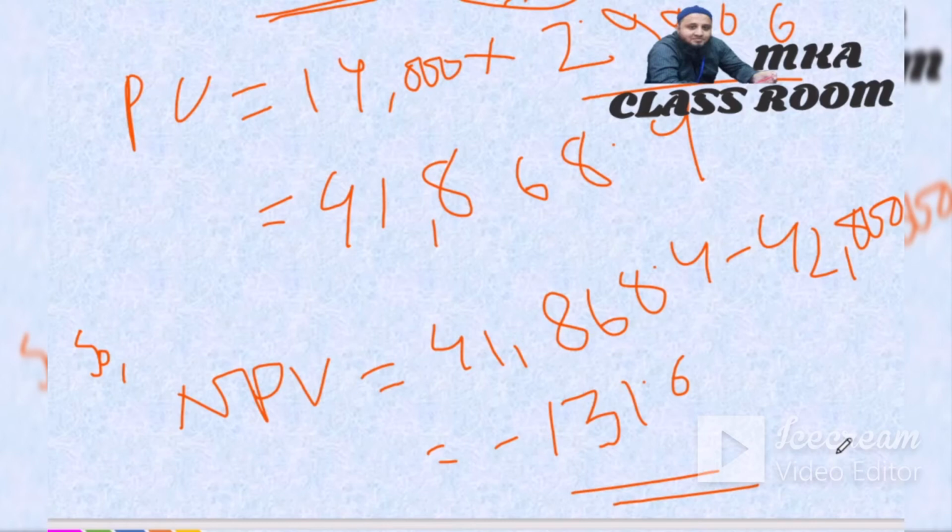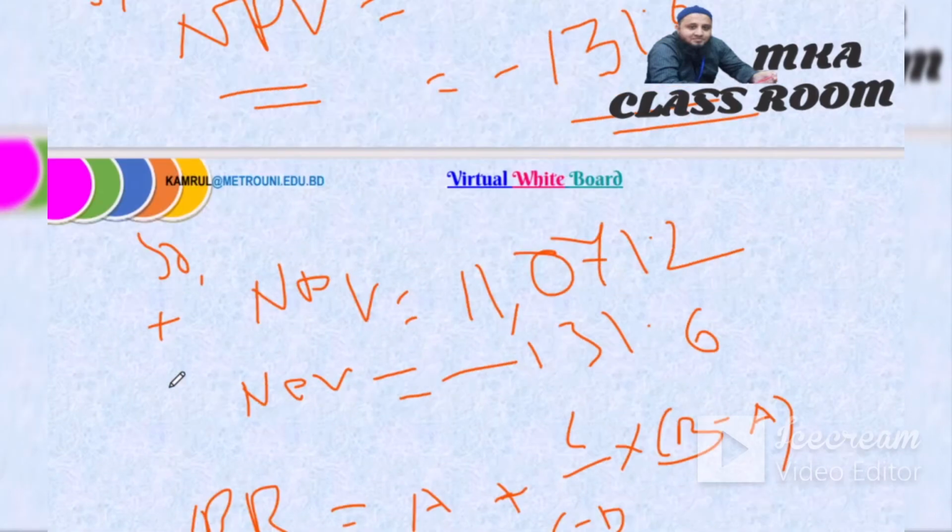So we have these two NPVs, one positive and another negative. The positive NPV shows 11,071.2 and the negative NPV shows minus 131.6. Now we will use the interpolation formula for IRR: A plus C divided by C minus D into B minus A. A is the lowest interest rate, 10%.